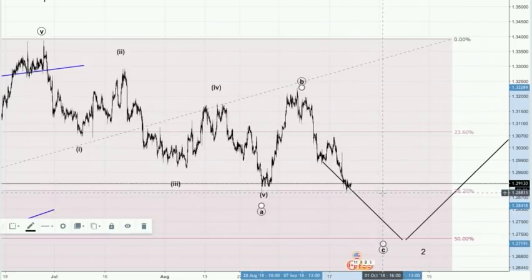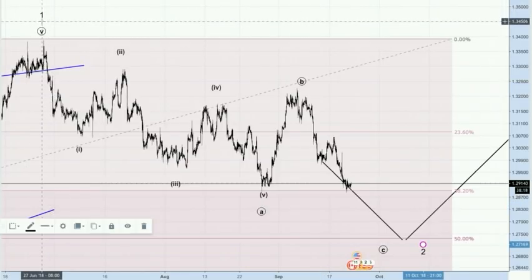It's also still at the shallower fibs, 38.2 of this entire big diagonal of this minor wave 1.